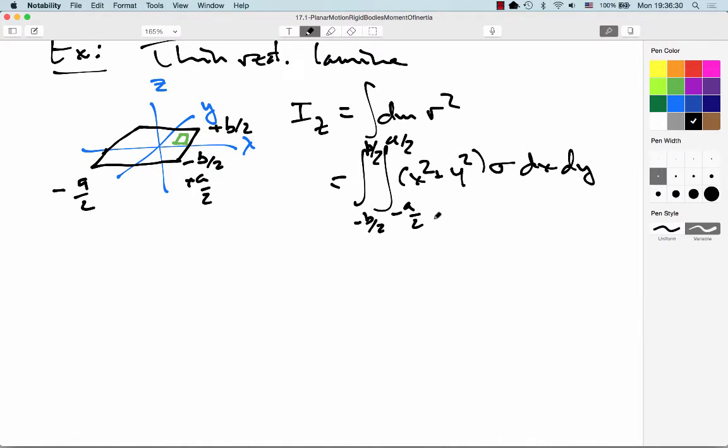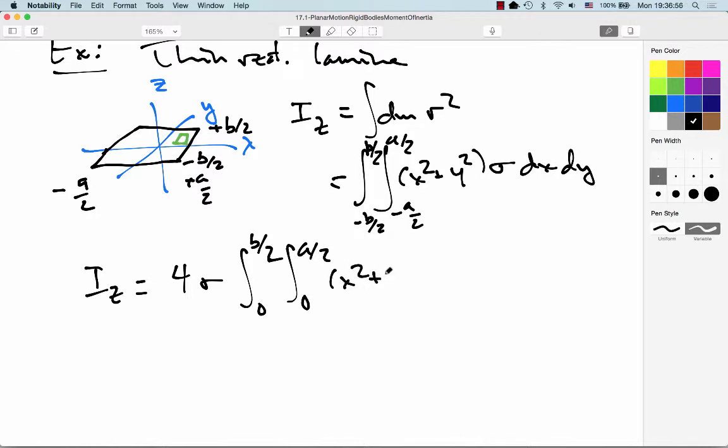Excellent. So I can fold both of these integrals and just run them from 0 to a over 2. So I'll pick up a factor of 4 there, and I can pull the sigma out of the integral. So 4 sigma, and now my limits are 0 to b over 2, 0 to a over 2, of x squared plus y squared dx dy.